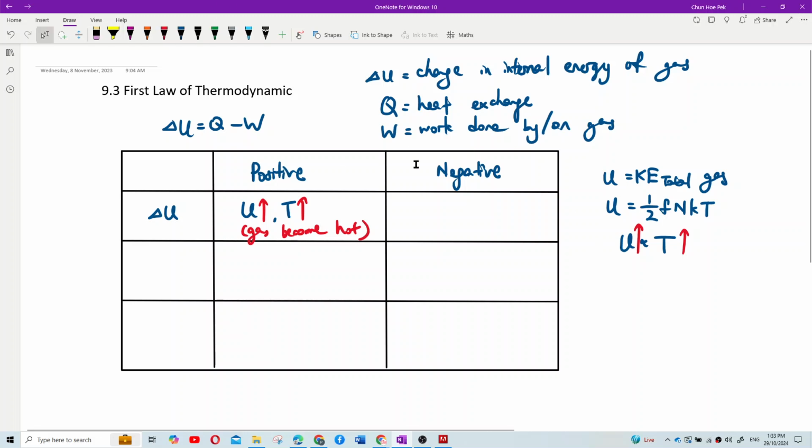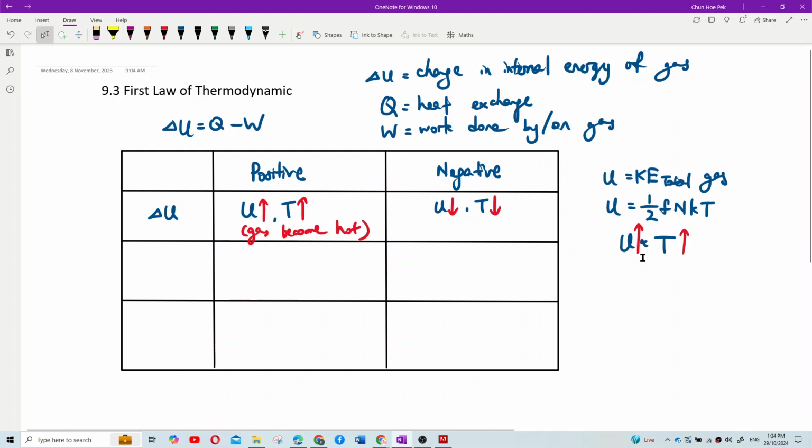If delta U is negative, that means the internal energy decreases, and then temperature also decreases, because internal energy is proportional to temperature.